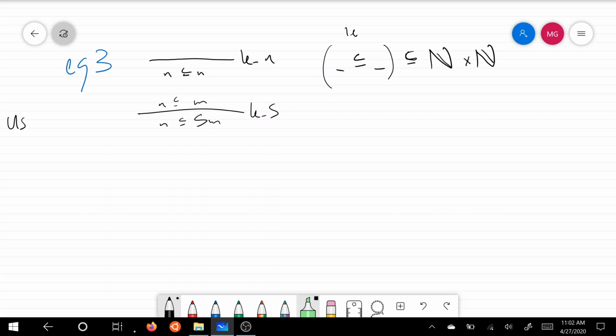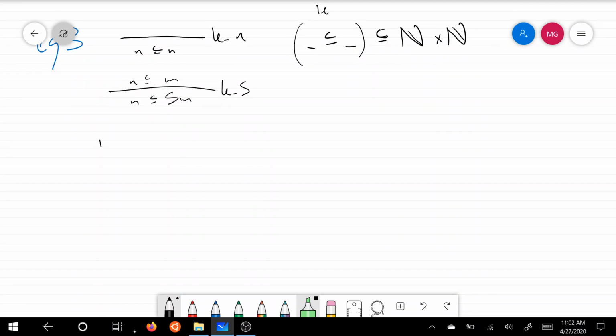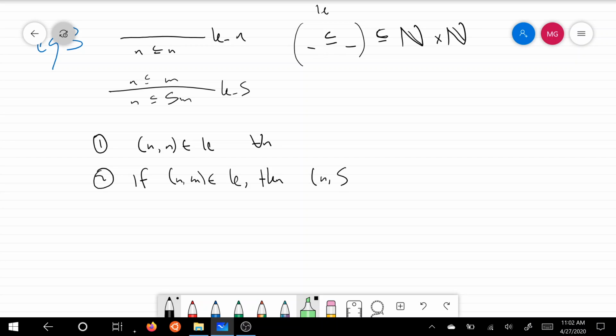Right, so for example, what this says, the first thing is that we could say this all as two rules. One, n is in LE for all n. Two, if n m is in LE, then n s of m is in LE for all n m.